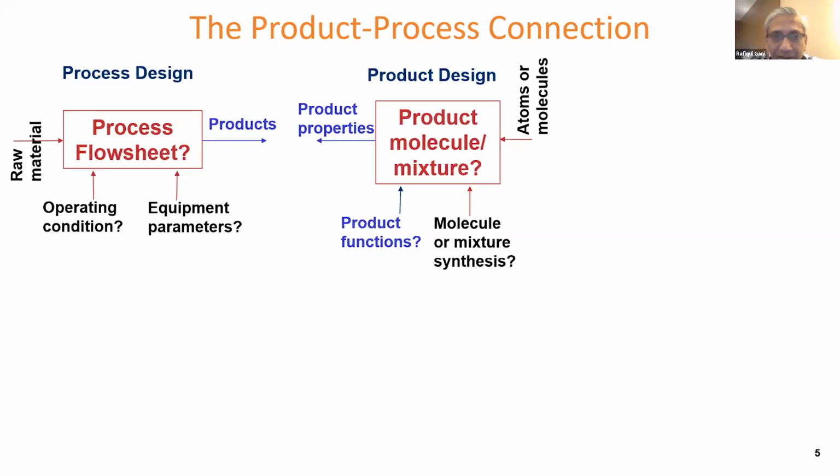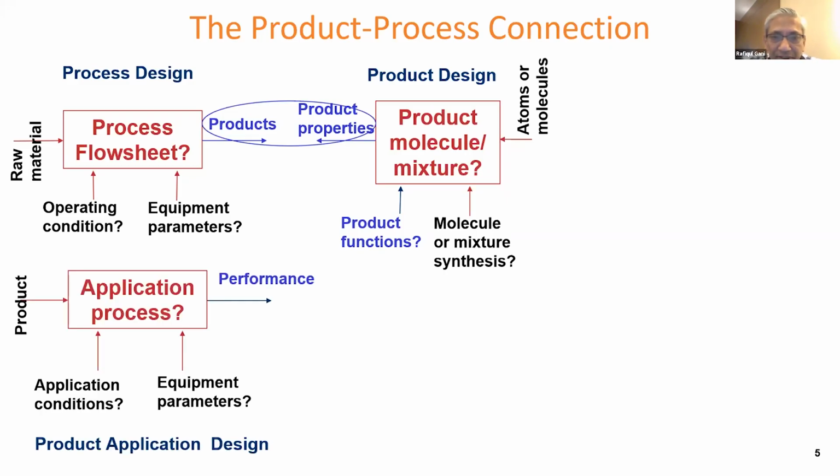So what is the connection? The process needs to make a product with the properties that have been designed. Normally we stop at that, but actually there is another process that also needs to be considered. That is, does the product have the functions that were designed? And that is dependent on the application of the product.